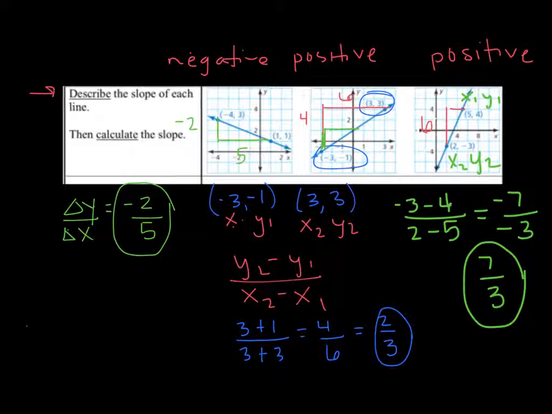Negative 3 minus 4 is negative 7. 2 minus 5 is negative 3. And a negative over a negative becomes positive 7/3. Do not leave it as a negative over a negative. You knew this slope was supposed to be positive because the line slopes up from left to right. Okay?